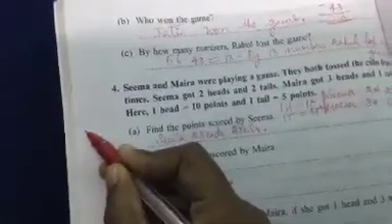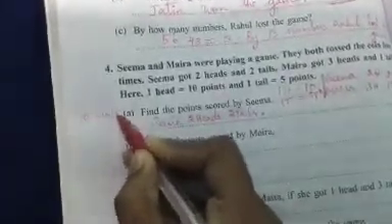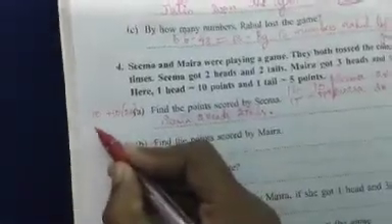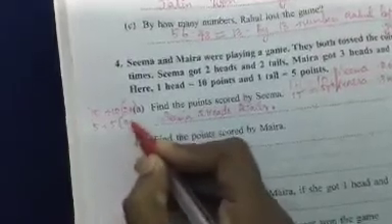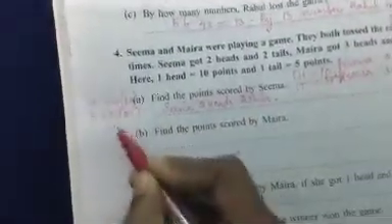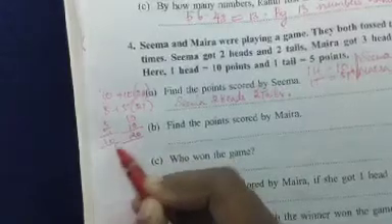So 2H means 10 plus 10. Okay, for 2H. Here 2 tail means 5 plus 5. Right, 2 tail. So totally 10 plus 10 equal to 20. 5 plus 5 equal to 10.